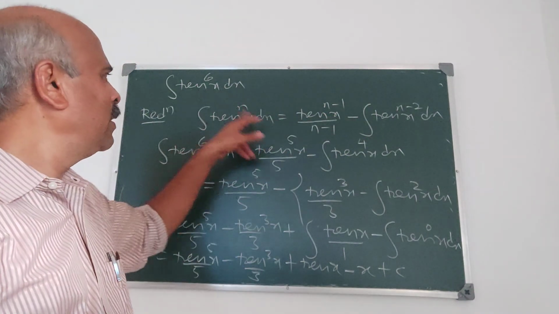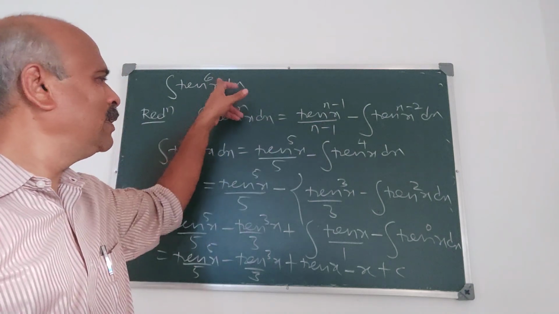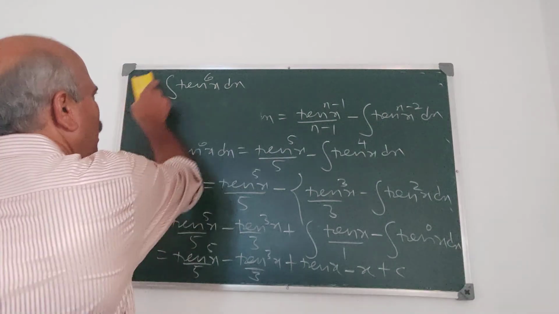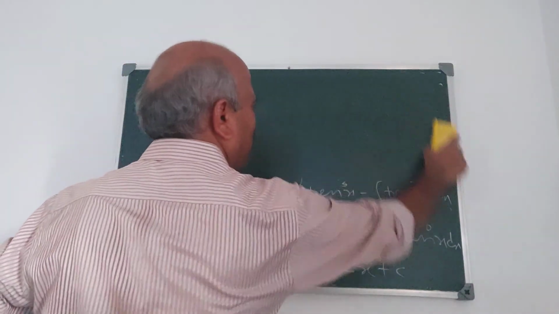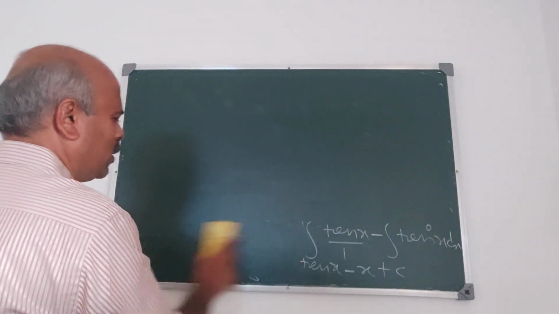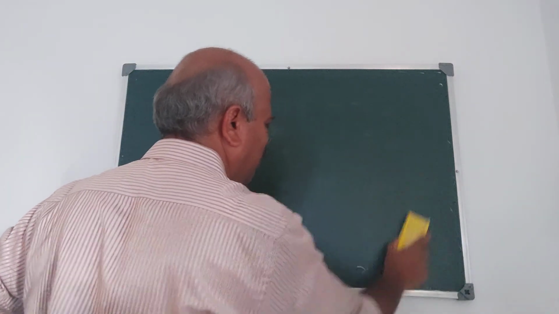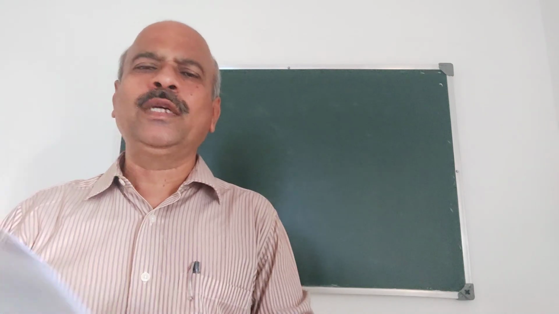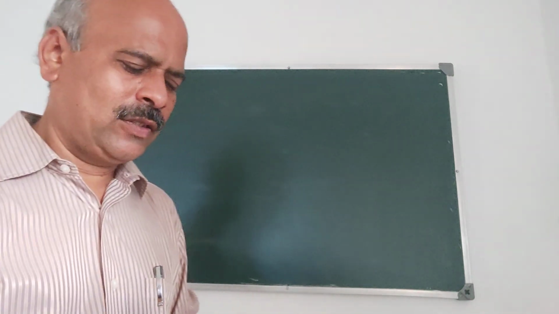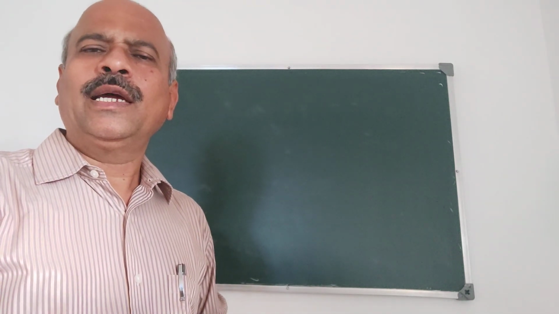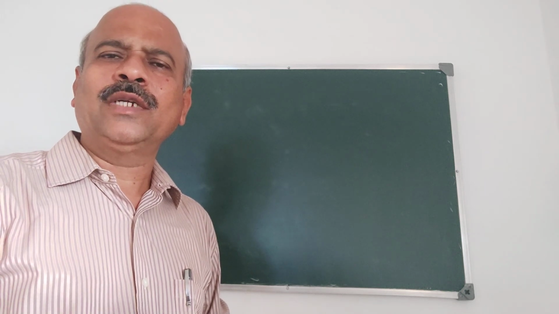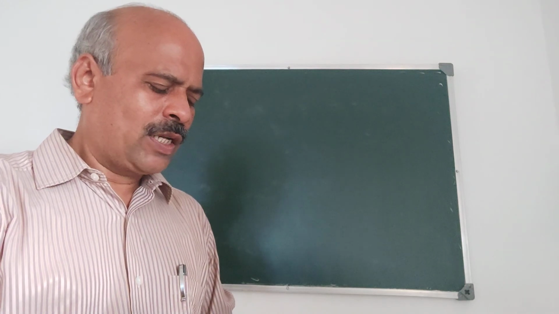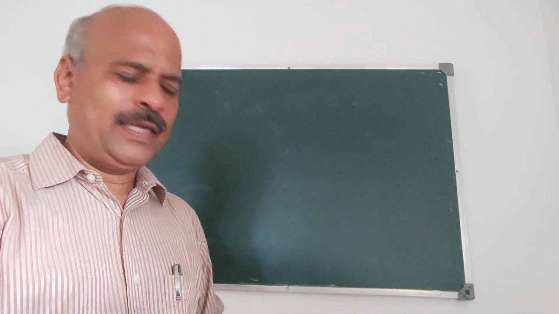Tan x raised to n, this is the formula. You can apply this to evaluate tan x raised to 6. Now, from the examination point of view, what is the question you can expect from this topic? Derive the reduction formula for tan x raised to n and evaluate tan x raised to 5 or tan x raised to 6 and so on. Derive the reduction formula for cot x raised to n and evaluate cot x raised to 5, cot x raised to 8 and so on.